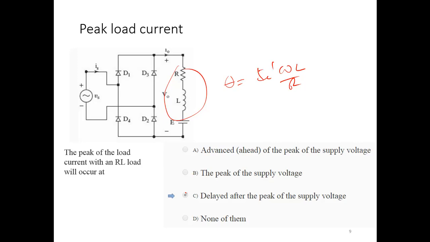An inductor current always comes later than the voltage. It will be delayed after the peak voltage. Whatever the peak, it will not happen at the same time. It will be delayed for an inductive load.